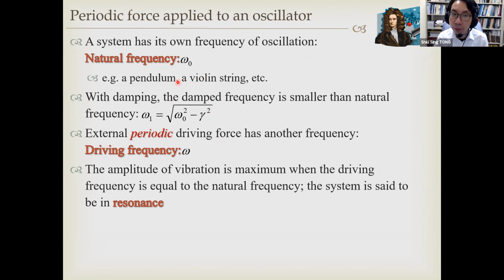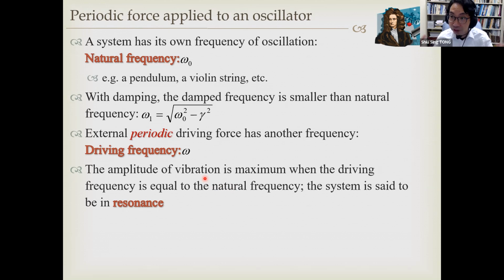So we now have several frequencies, and it happens that when the driving frequency omega is equal to the natural frequency of the system, then the amplitude of the vibration will become largest.